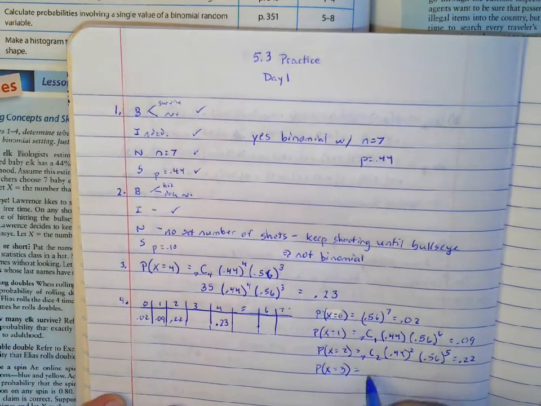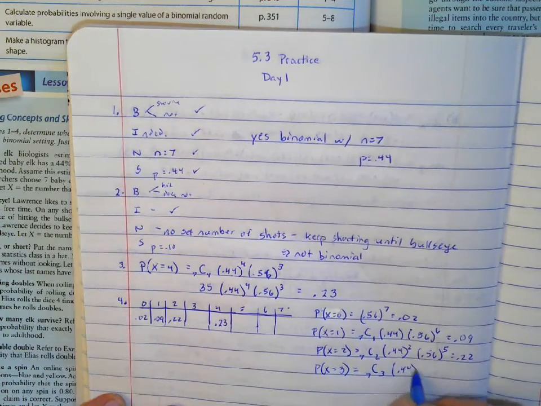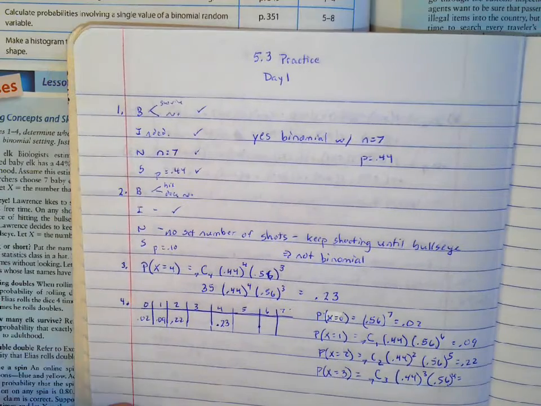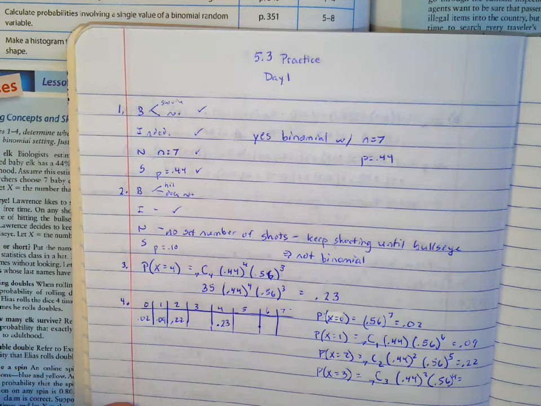Probability of 3. We have 3 living and 4 dying. So 7 choose 3 is 35 times 0.44 to the third times 0.56 to the fourth.